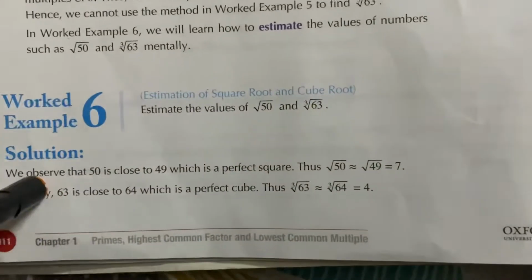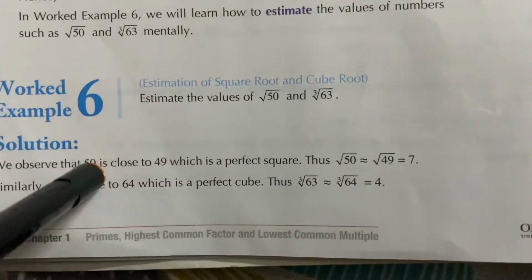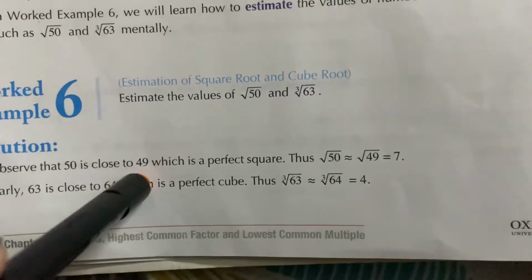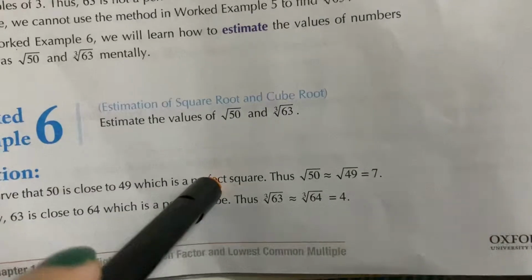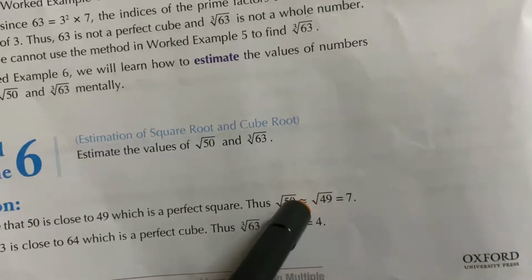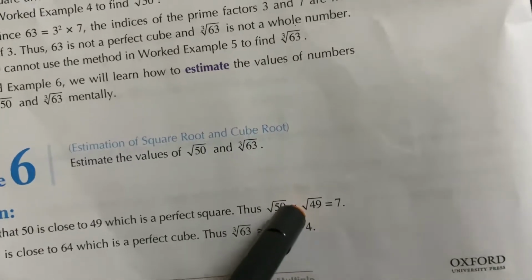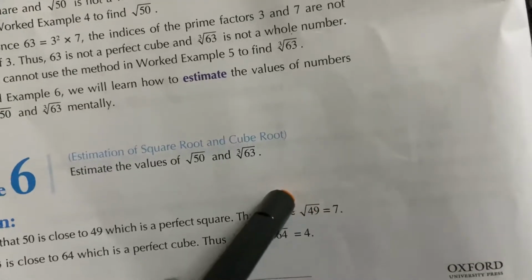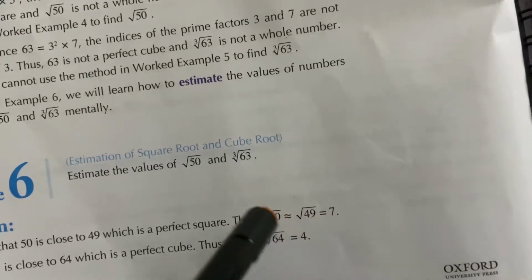We observe that 50 is very close to 49, which is a perfect square. Thus, square root of 50 is approximately equal to square root of 49. This is approximately equal to, this is not equal to.